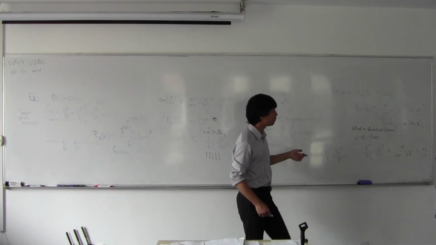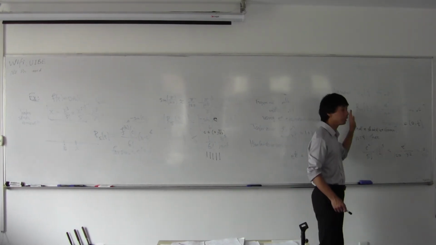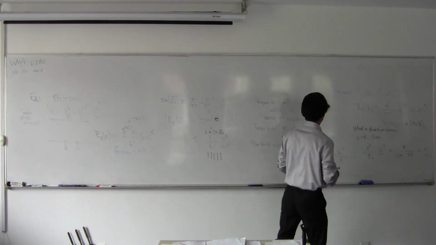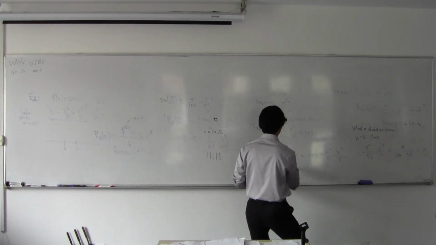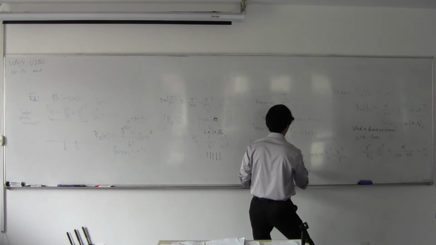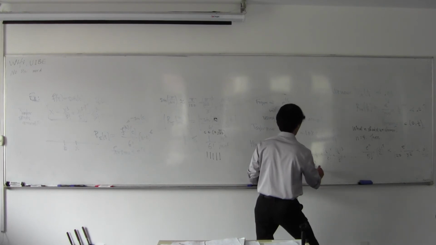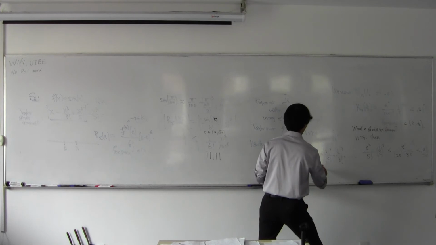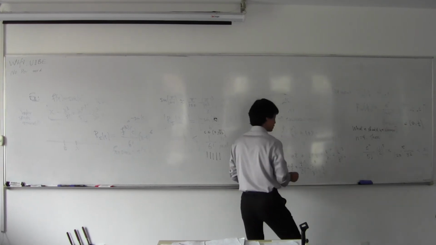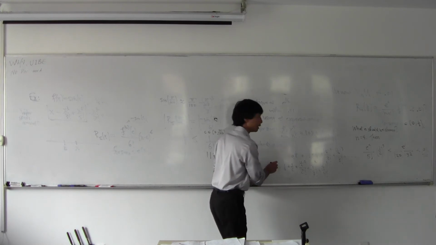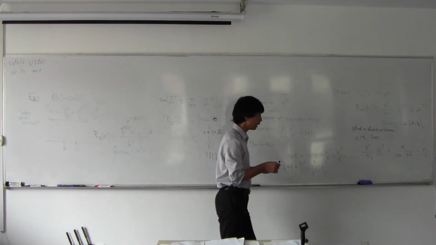And what we're doing over here is saying that if I go up to n equals 4, if I take 1 plus 1/2 plus 1/2 squared over 2 factorial plus 1/2 cubed over 3 factorial plus 1/2 to the 4 over 4 factorial, then that is going to be very, very close to the actual answer.